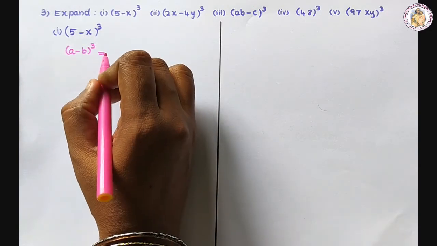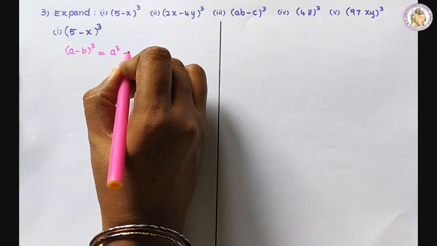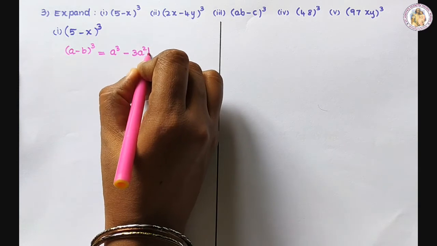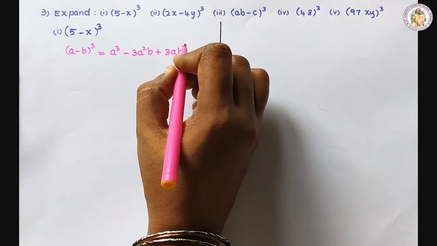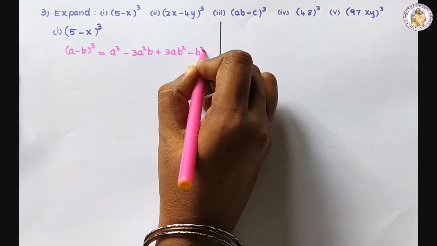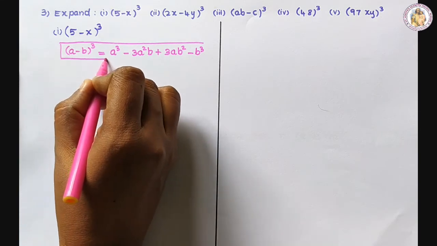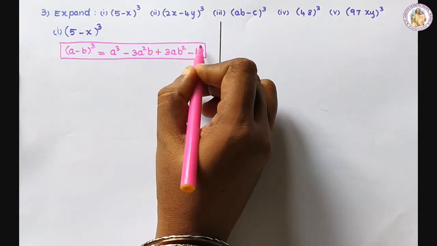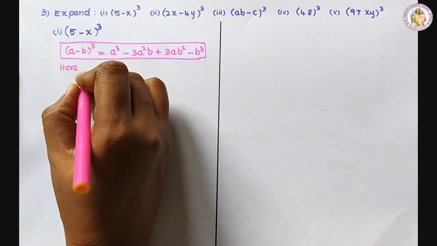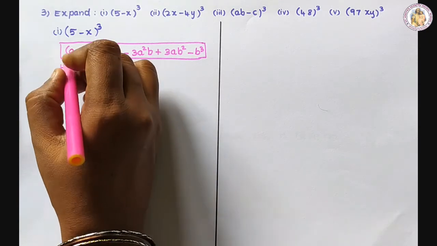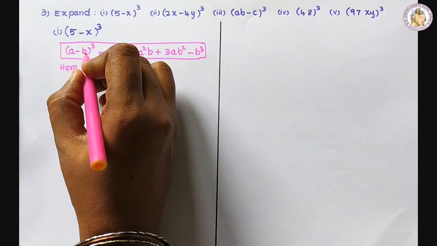So a minus b whole cube equal to a cube minus 3a squared b plus 3ab squared minus b cube. So apply this formula. Here what is the value of a? A equal to 5 and b equal to x.